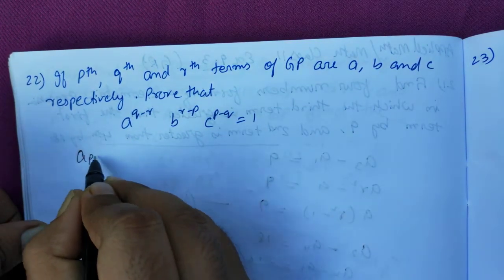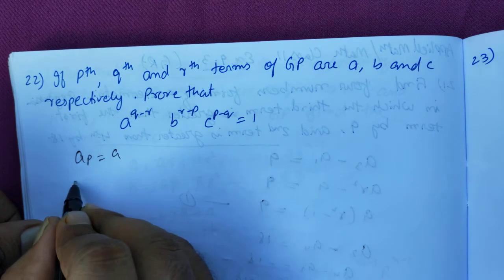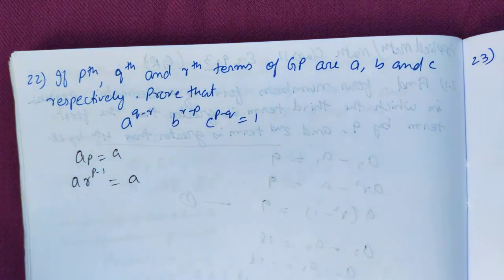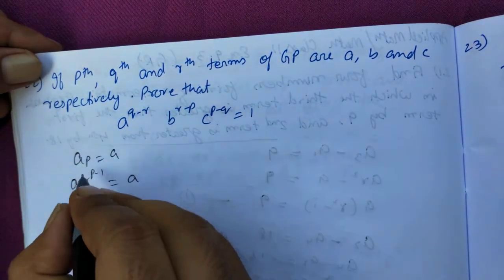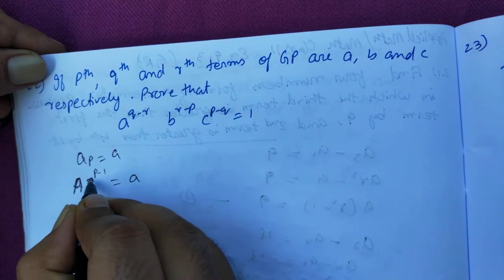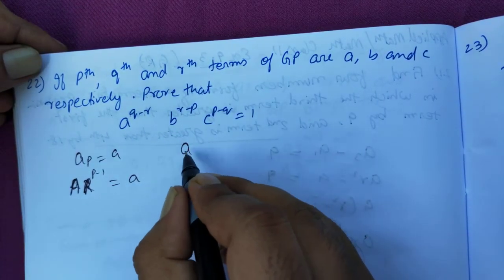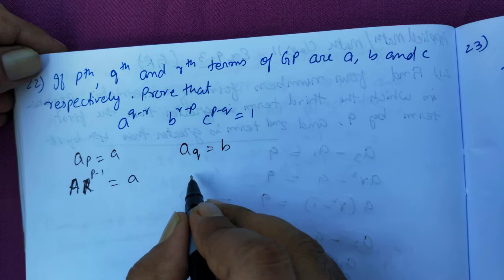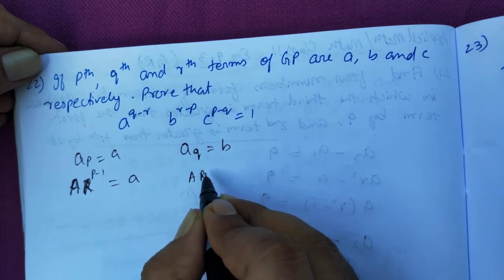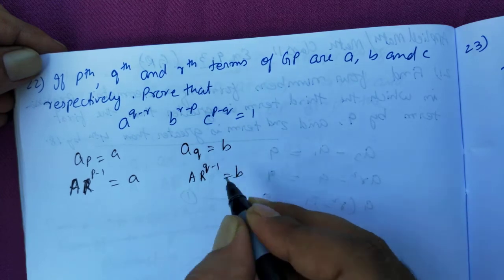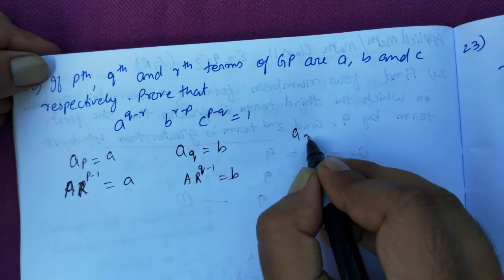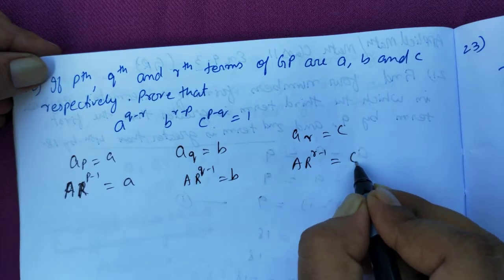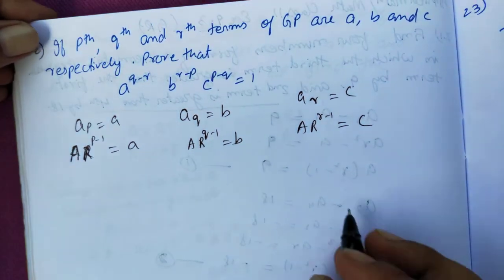So the Pth term is A, that means AR to the P minus 1 is A. Let me use capital A and capital R. The Qth term is B, that means AR to the Q minus 1 is B, and the Rth term is C, that means AR to the R minus 1 is C. You're going to prove this.